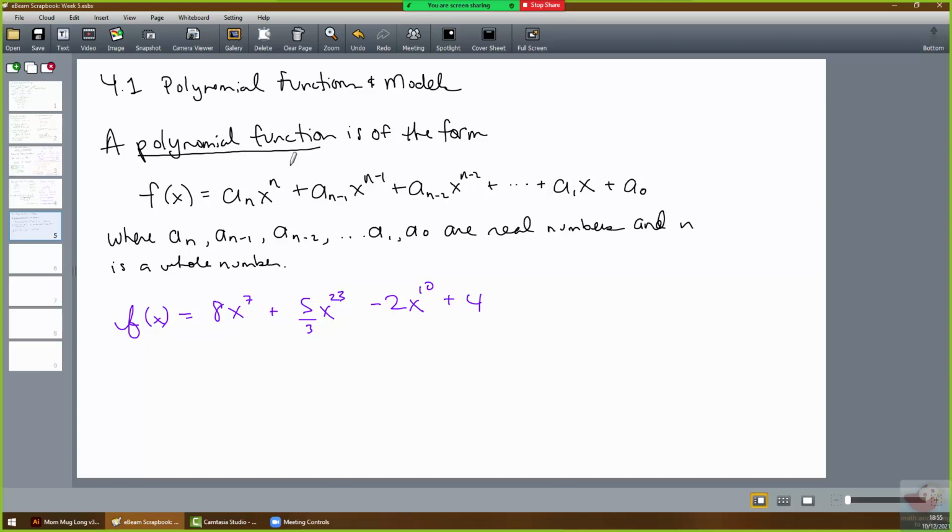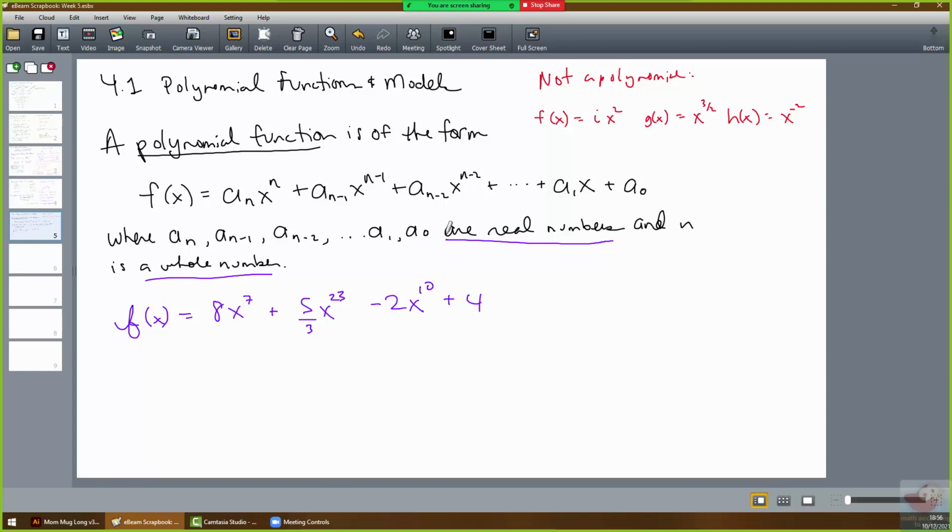So as long as your coefficients are real, and your exponents are whole, you've got a polynomial. Things that are not a polynomial would be if, for instance, you had imaginary coefficients, or fractional exponents, or negative exponents.